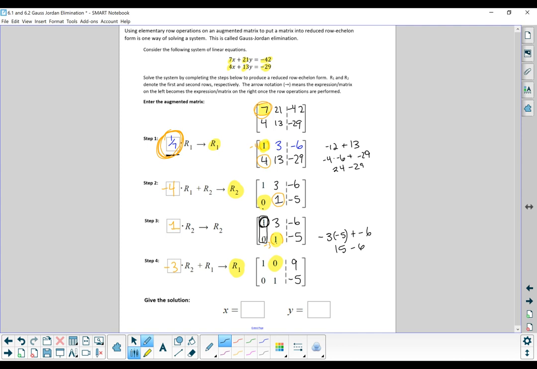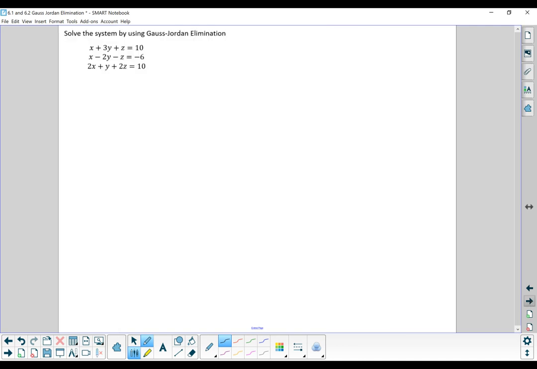So I've got the Gauss-Jordan elimination completed now in those 4 steps. And so now remember, this is our X column and our Y column. So this is saying X equals 9 and Y equals negative 5.